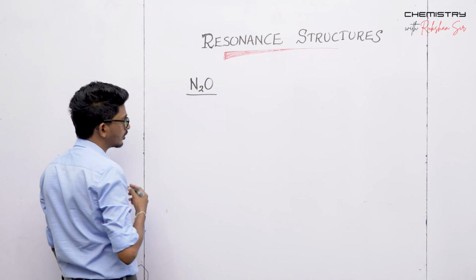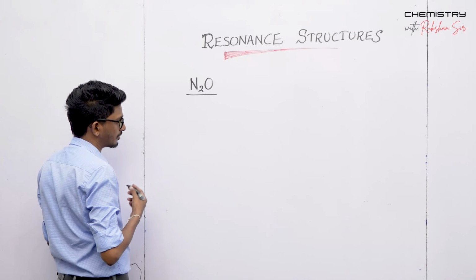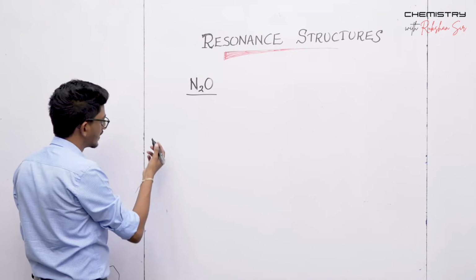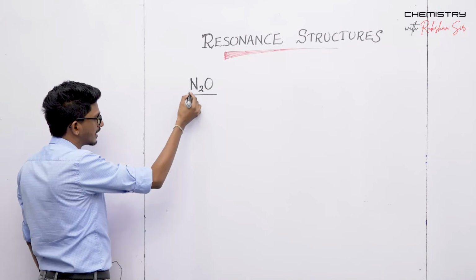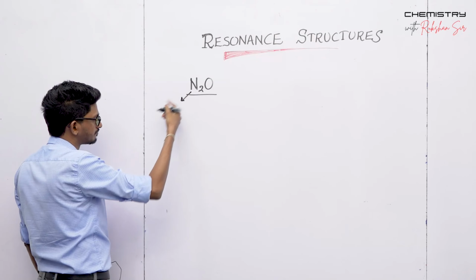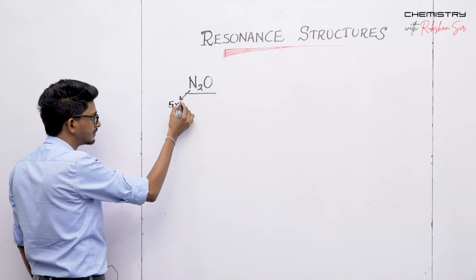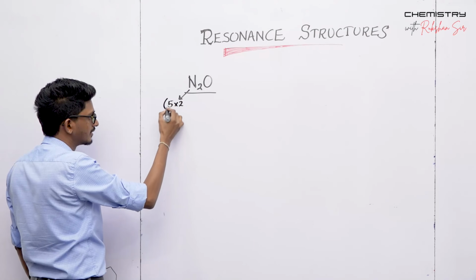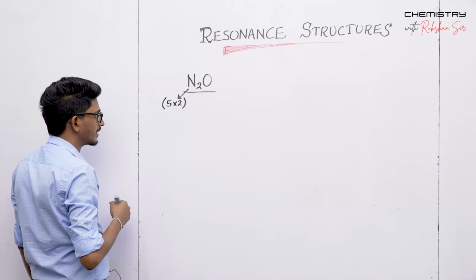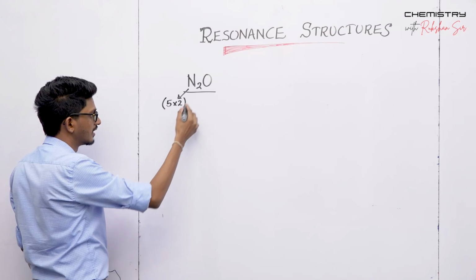When it comes to N2O, let's do the electron count first. Nitrogen is in group 15, so 5 electrons are given to the valence electron count by one nitrogen, 5 into 2 as two nitrogens are there.